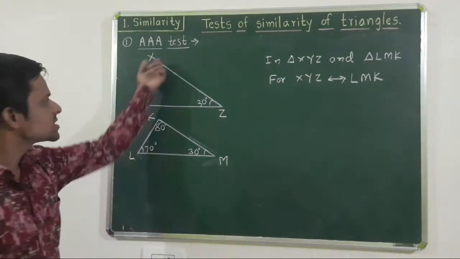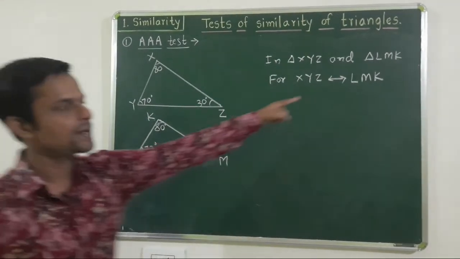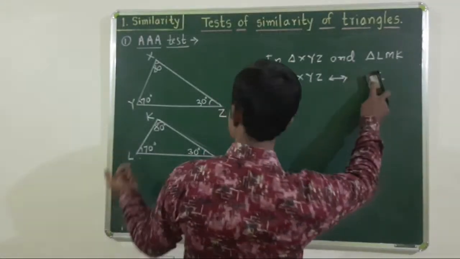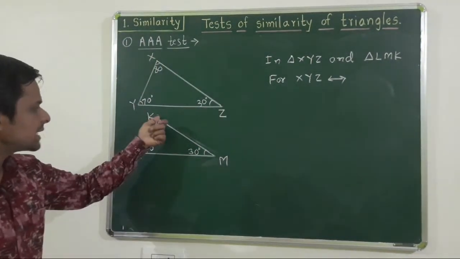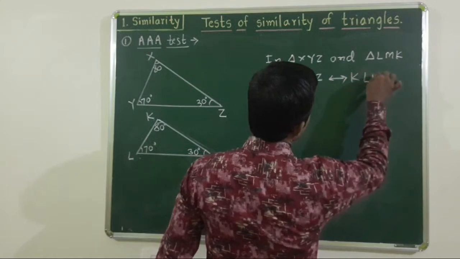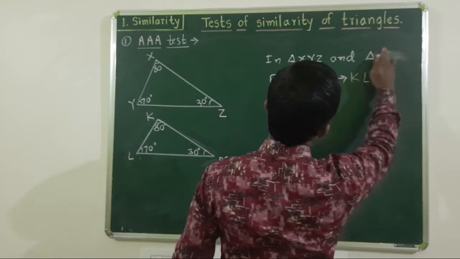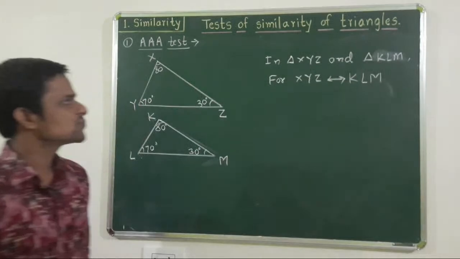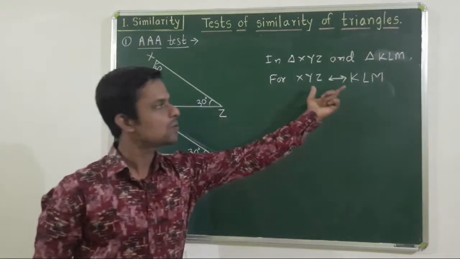Now XYZ corresponds to KLM, not LMK. Now LMK is wrong. Therefore, I am going to change the names here also. XYZ corresponds to KLM. Now here also I have to change the names of these two triangles, that is KLM. So in triangle XYZ and triangle KLM, for XYZ corresponds to KLM.